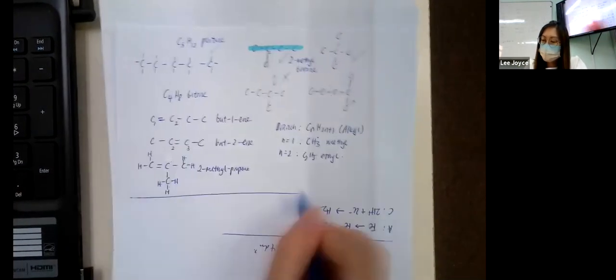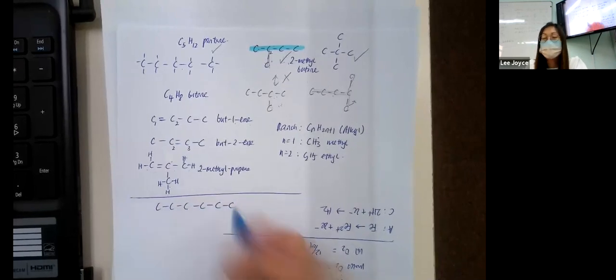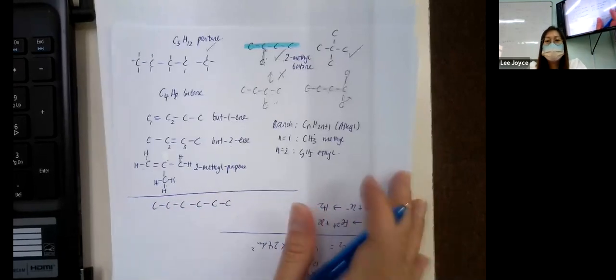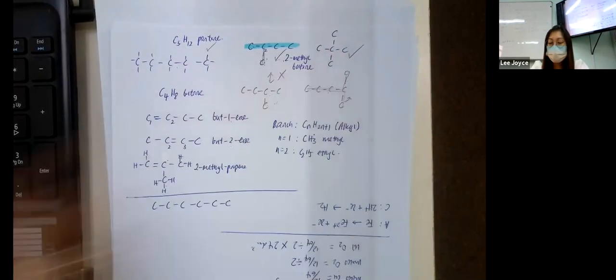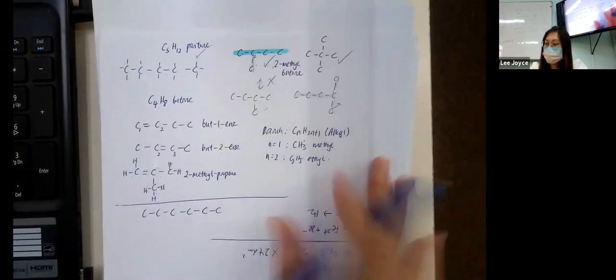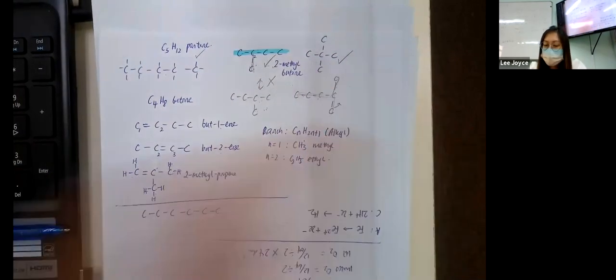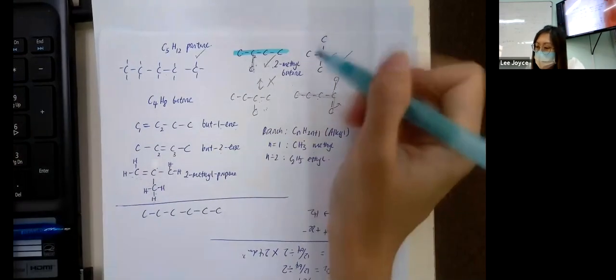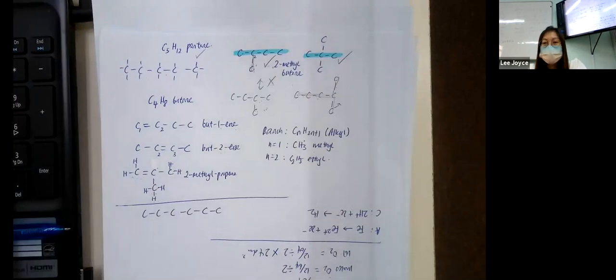Okay, so let's see another example. How do you name this? The longest chain is 3. You can go in a horizontal way, or you can also go vertically; either direction will give you 3.